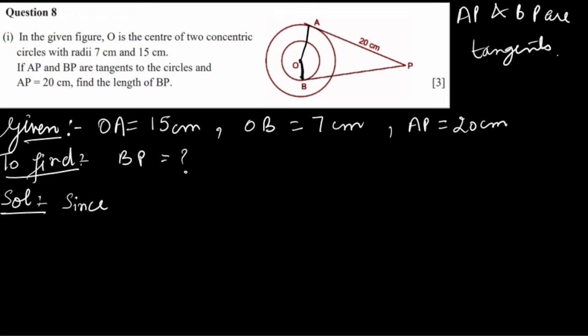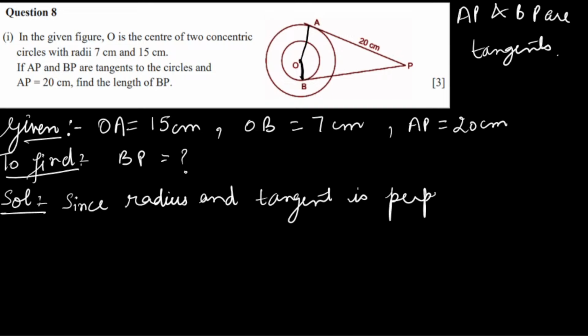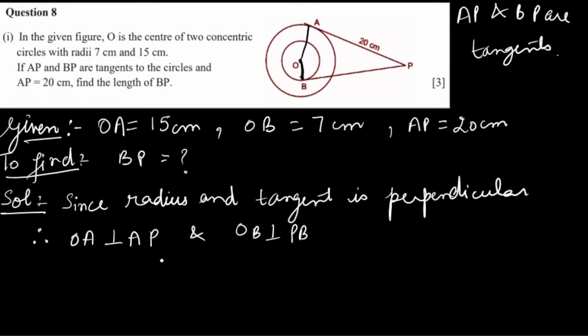So we can write, since radius and tangent are perpendicular, therefore OA is perpendicular to AP and OB is perpendicular to PB. They're perpendicular. That means angle OAP is equal to 90 degrees and angle OBP is equal to 90 degrees.